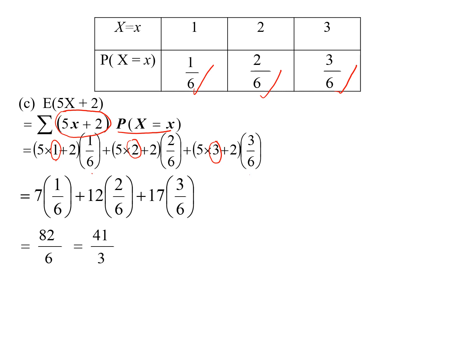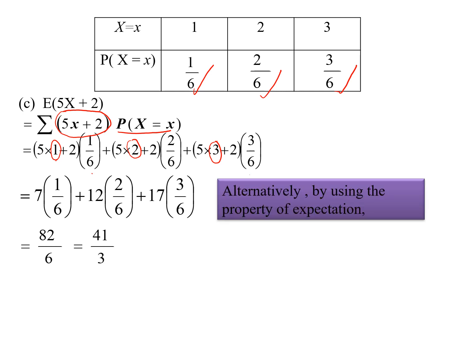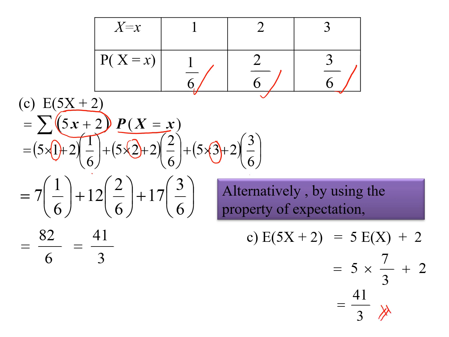Then our final answer will become 41/3. Alternatively, by using the property of expectation, we also can solve part C as E(5x plus 2) equals 5E(x) plus 2, where we get our E(x) from part B, 5 times 7/3 plus 2. Then finally we will get the answer 41/3, same as the calculation using the formula.